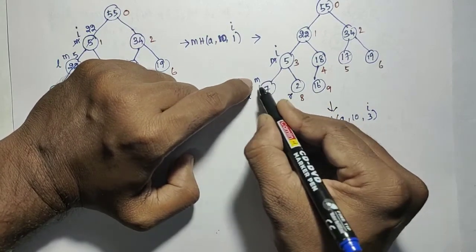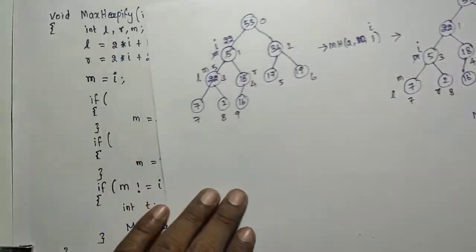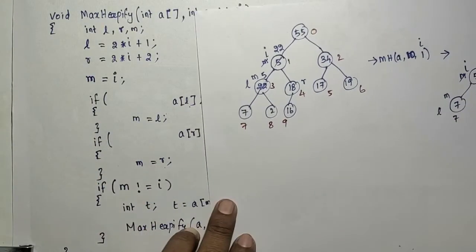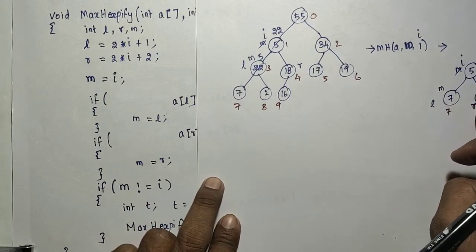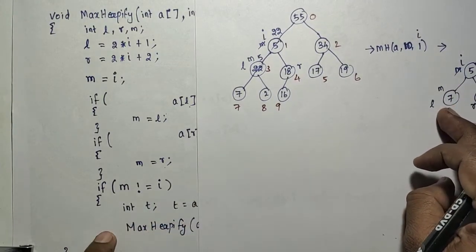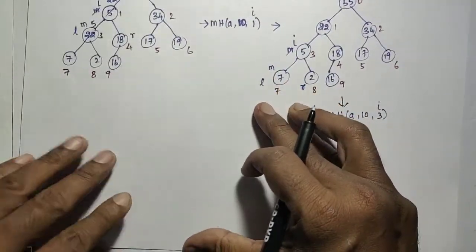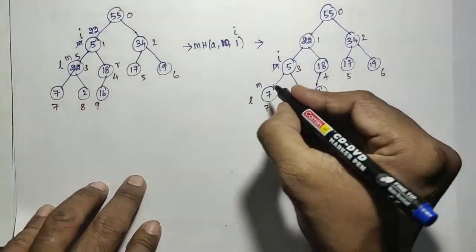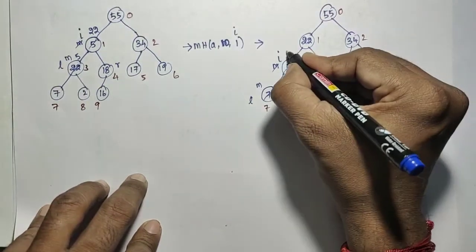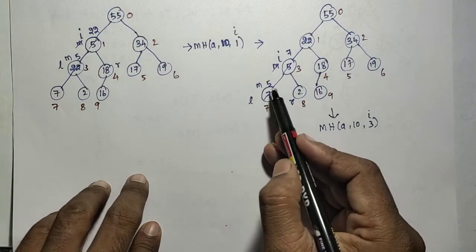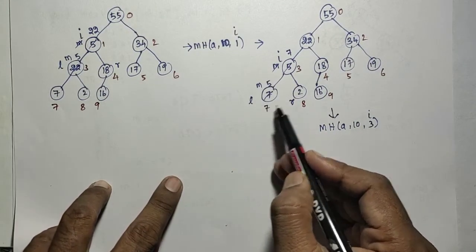Then after finding the M value, we are checking M not equal to I. M is moved to left or right; we have checked M is moved, so I have to swap again. This is the maximum, so we are swapping these two, 7 and 5. After swapping we need to call recursively.